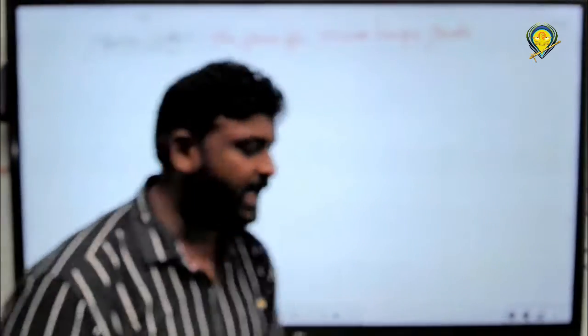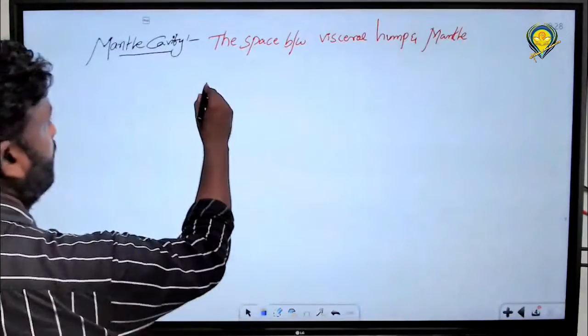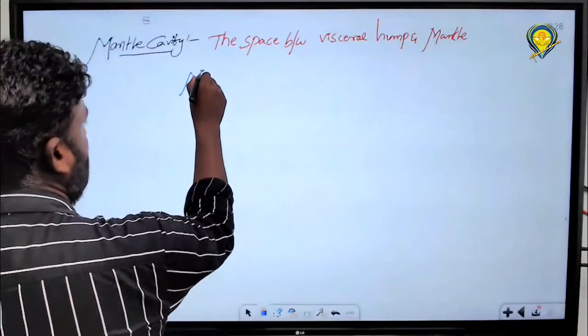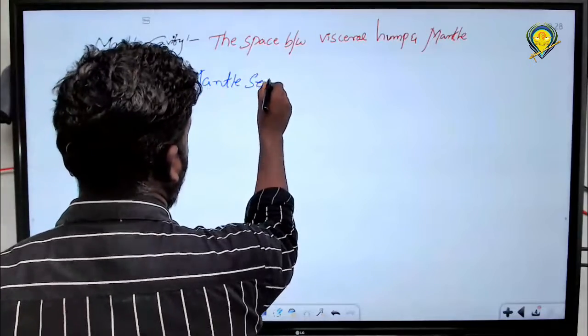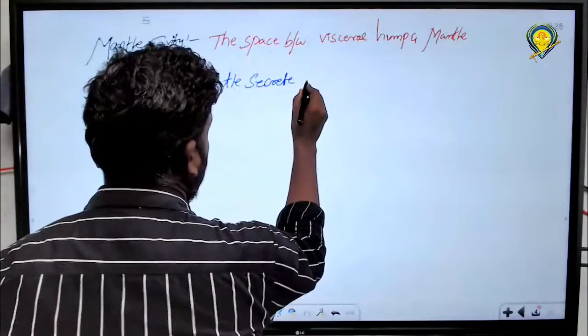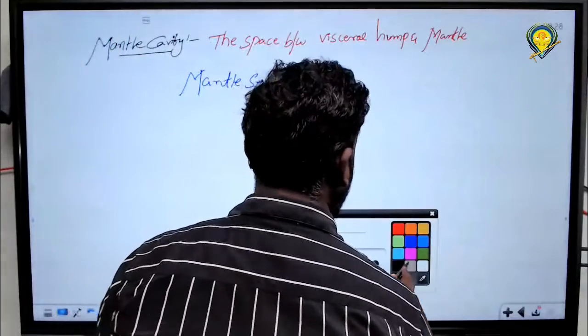Very good. And you know the function of the mantle? The mantle secretes what? Shell. Please write it. A calcium component called shell. Mantle secretes shell. I'm going to show you how it is.